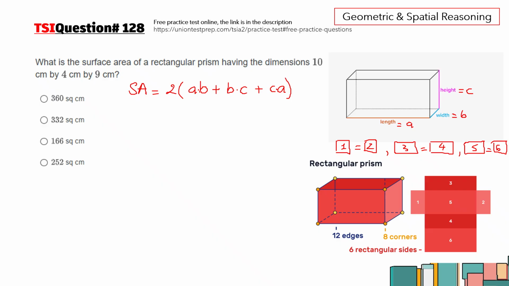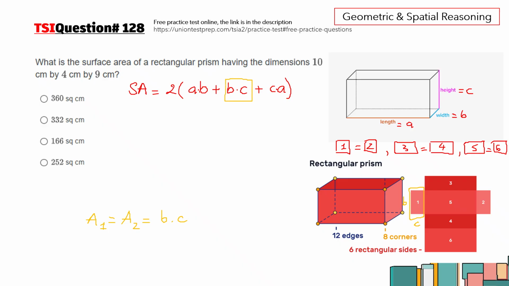Why? Rectangular face number 1: this one is C and B. B right here, C right here. The area of 1 equals the area of 2, and that equals B times C, which is this part right here.